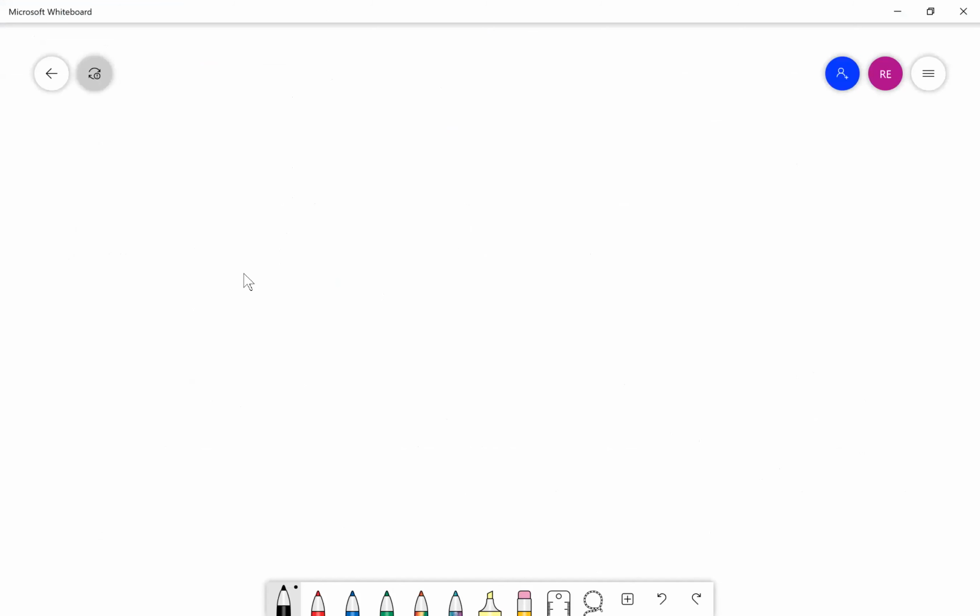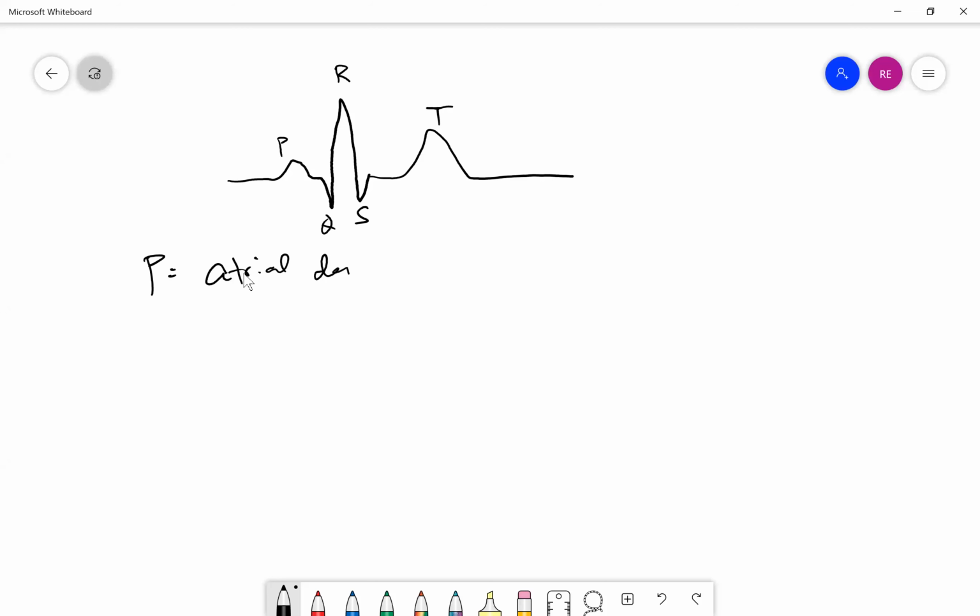All right, so let's say one heartbeat, which is an S1, S2, is represented by the P wave, Q, R, S, T wave. This P is called the atrial depolarization, or this is atrial contraction.